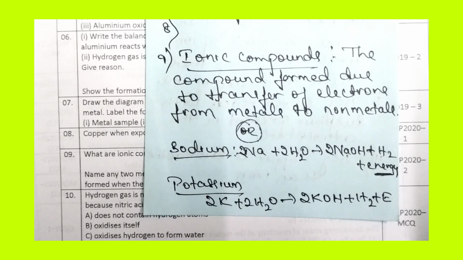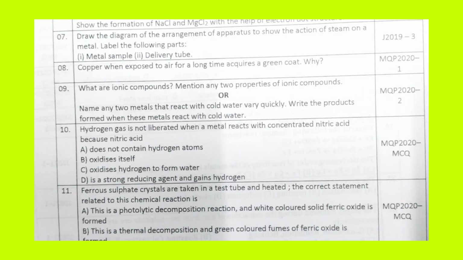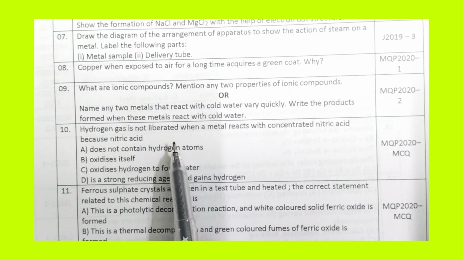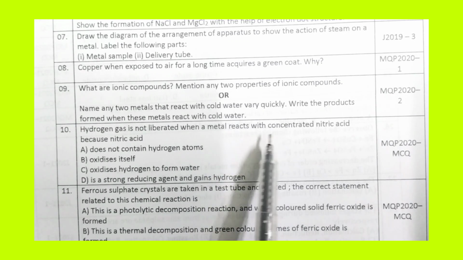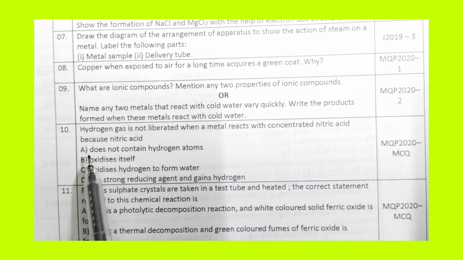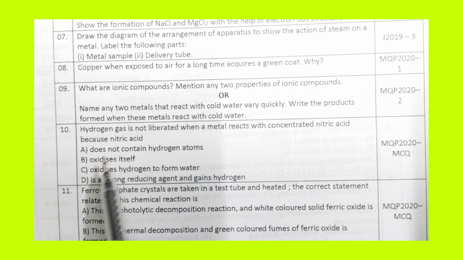So now let us move to the next question, that is question number 10. Hydrogen gas is not liberated when a metal reacts with concentrated nitric acid, because nitric acid oxidizes the hydrogen to form water. It is a strong oxidizing agent.